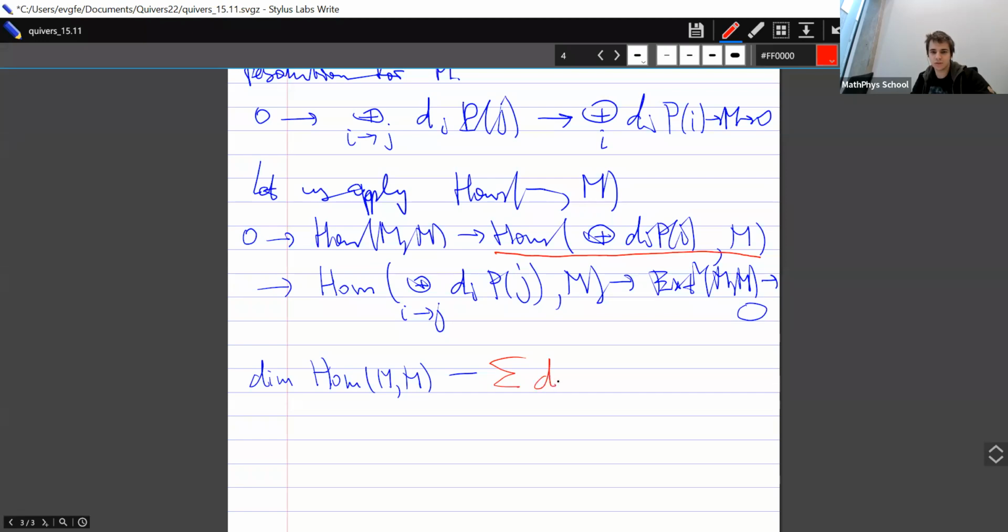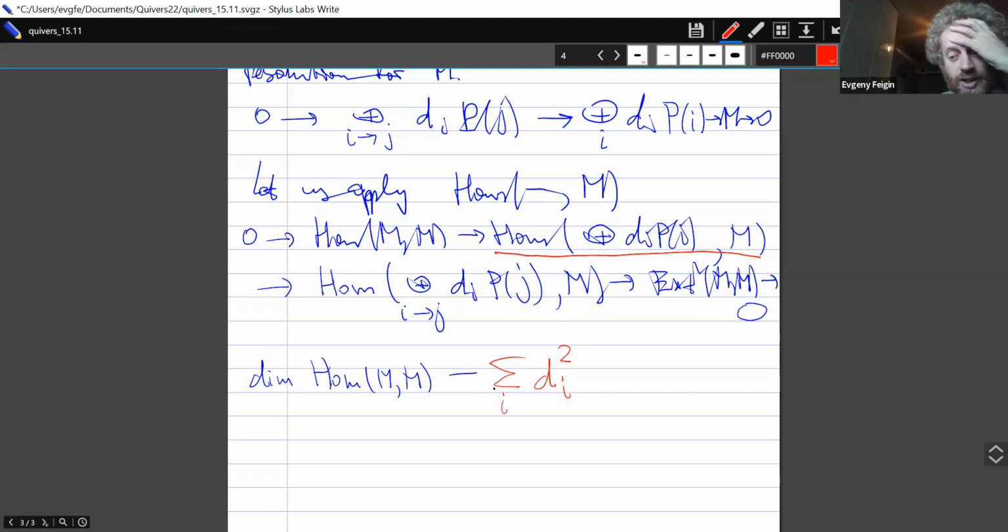So it's the sum of D_i squares probably. Absolutely. So this term gives us the sum of D_i squares because, as Andrei said, we only care about where the generators of P_i are mapped to, and since the dimension of M_i is D_i, we have this sum of D_i squared. Okay, so now we are interested in the third term. What is the dimension of the third term?